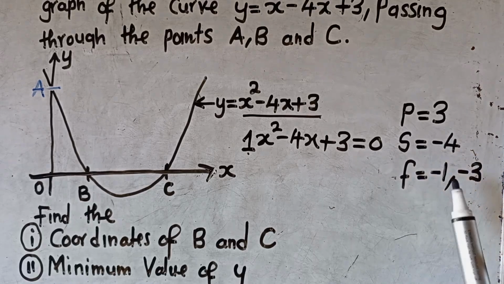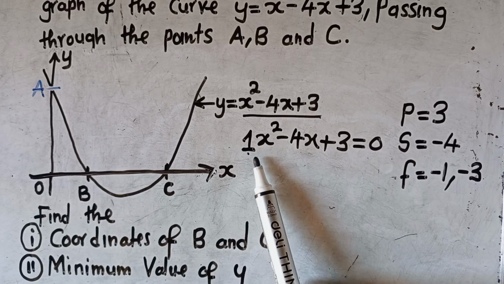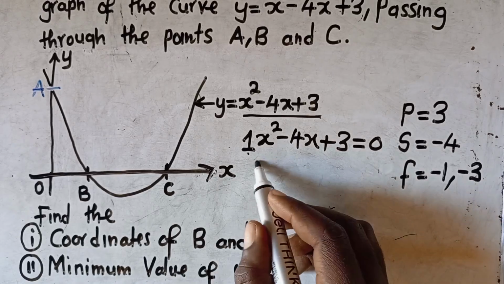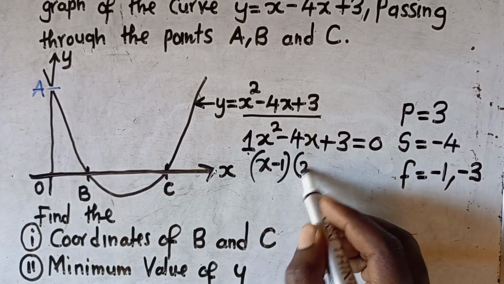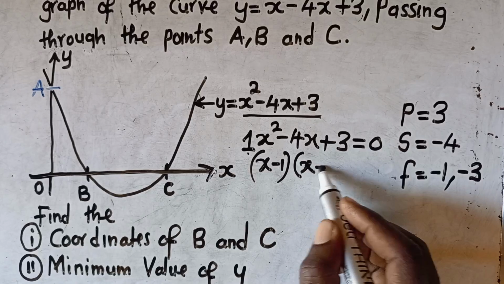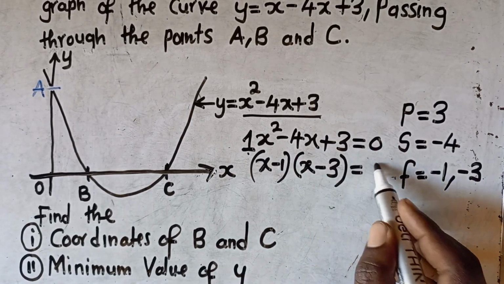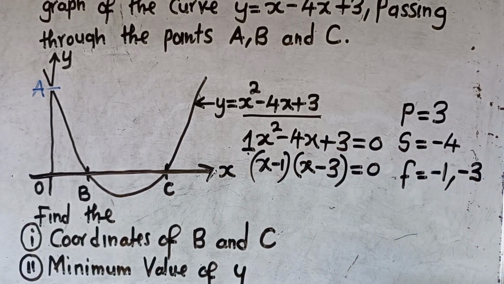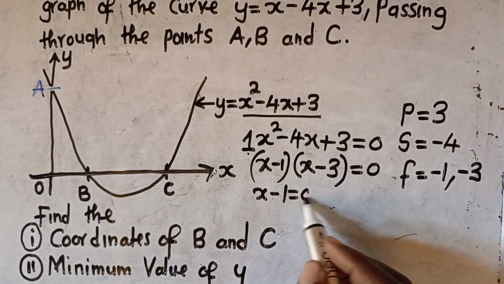So since these are the factors and the coefficient is 1 there, we are just going to go direct, where I'll just say x minus 1, x minus 3. This is what I'm doing. I say equal to 0. I solve this. How do I solve this? This is x minus 1 is equal to 0.